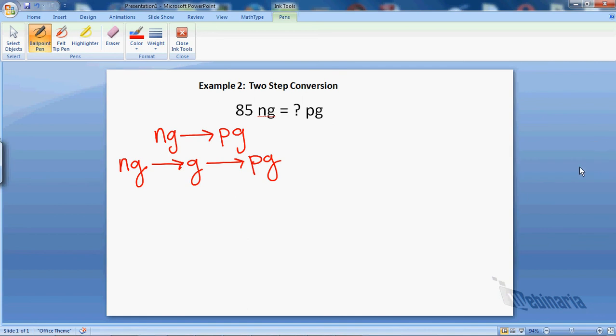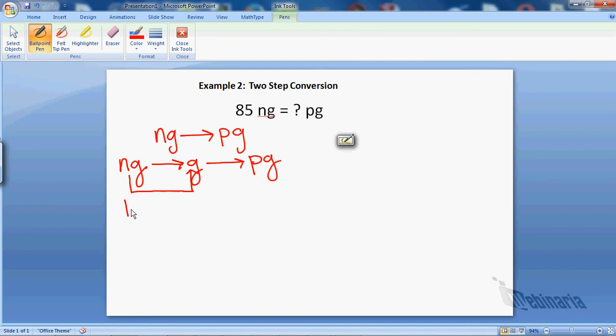Now, the first thing we want to do is write out an equality for nanograms to grams.